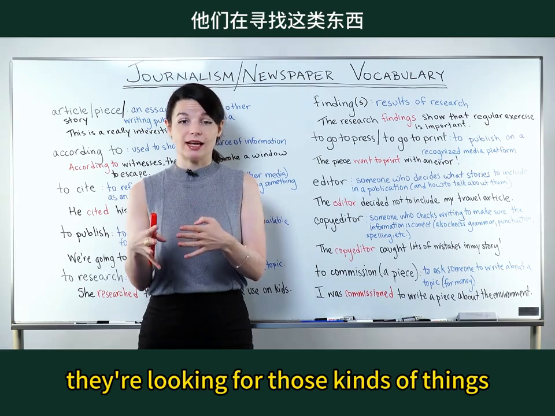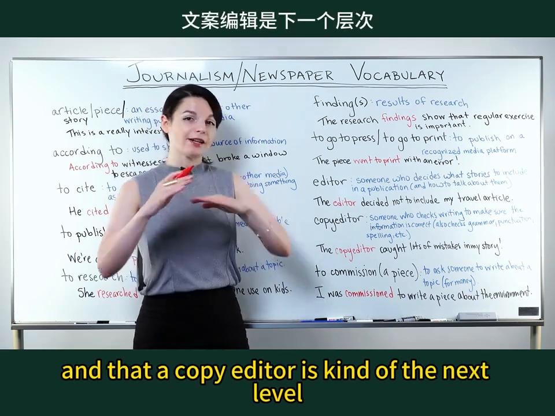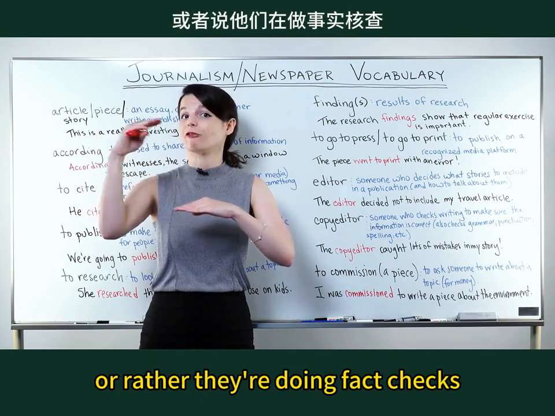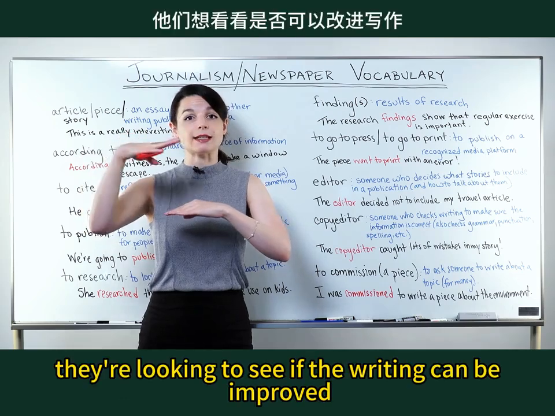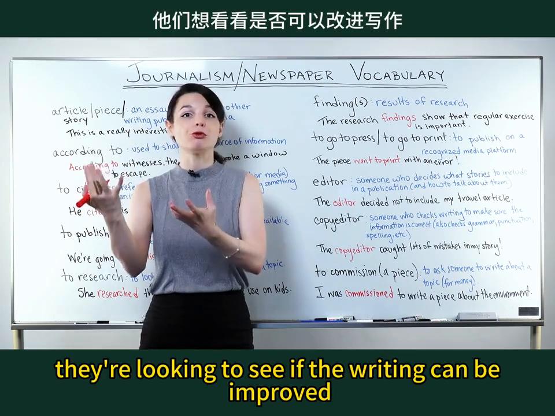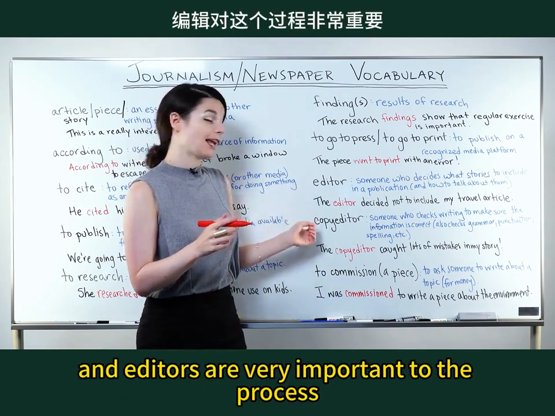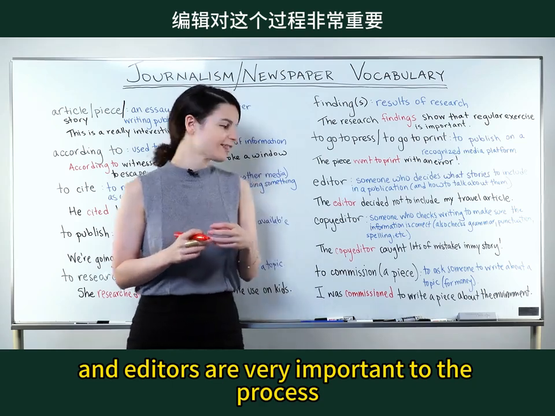They're looking for those kinds of things. And then a copy editor is kind of the next level. They're doing fact checks, or they're looking to see if the writing can be improved somehow to be more clear, and so on. So copy editors and editors are very important to the process.